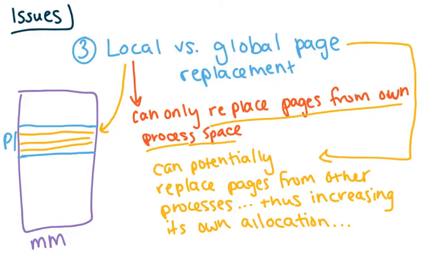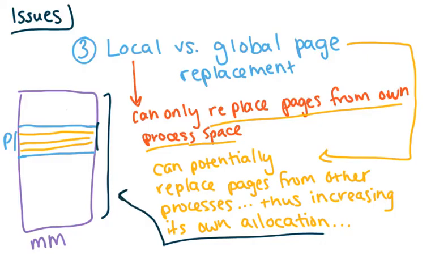In global page replacement, this is where you can get into trouble with frame allocation, because if you're doing global replacement, potentially you could replace pages from other processes. So global replacement is looking at the whole space. No longer are we just looking at the space for our process. We're looking at the whole space, and based on our page replacement algorithm, we're going to see which page we should replace in the whole main memory.